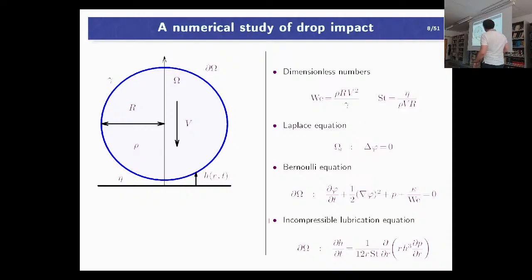And to couple the drop impact with the gas layer, we write a lubrication equation that relates the local vertical velocity of the interface to the pressure inside the gas film. We can solve this numerically. It's quite complicated because it's very nonlinear. The main equation is linear, but the boundary conditions are nonlinear.